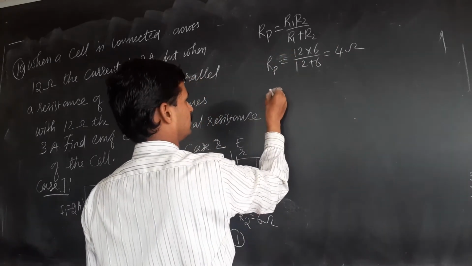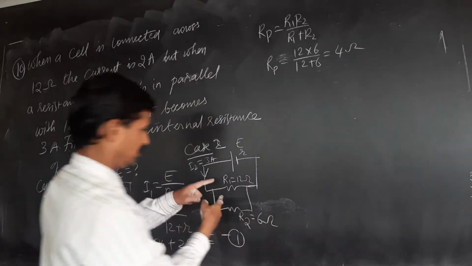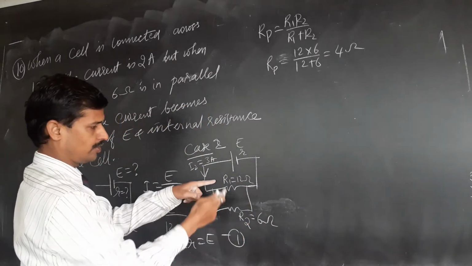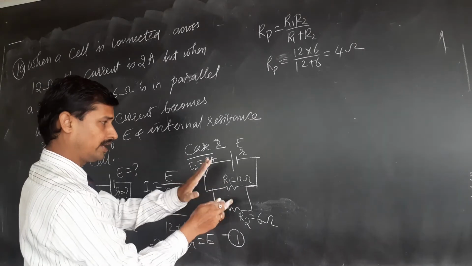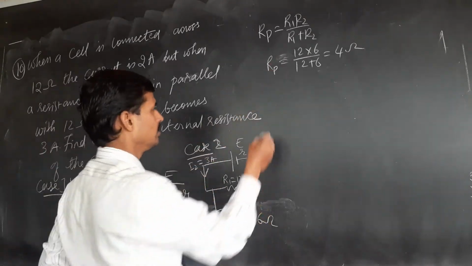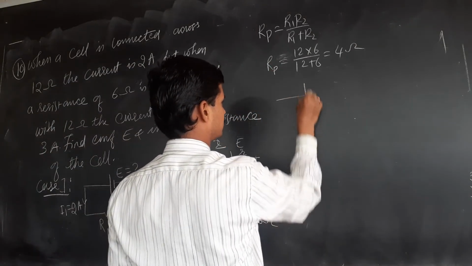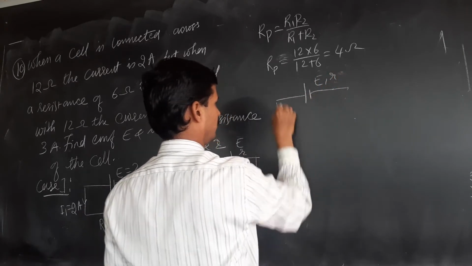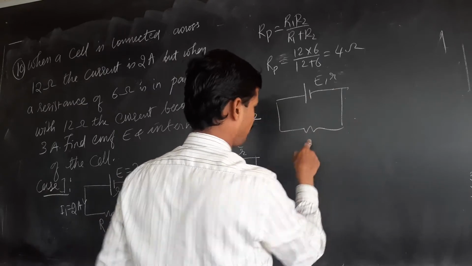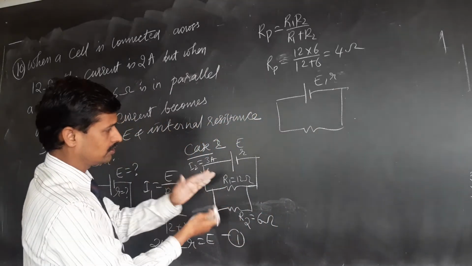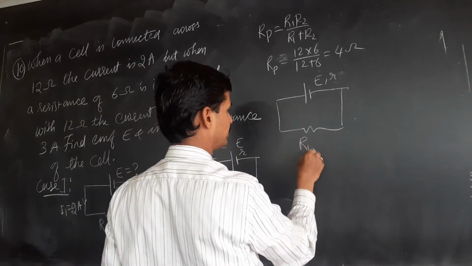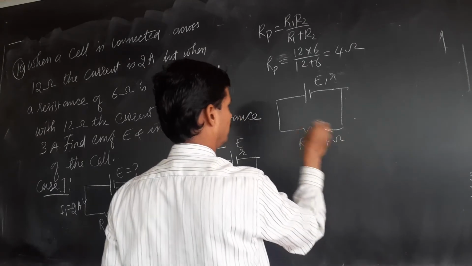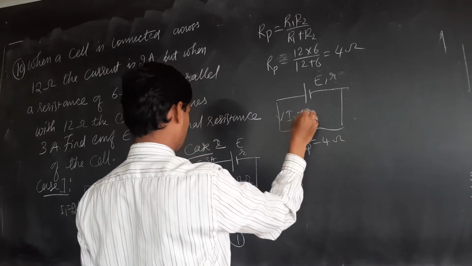Therefore, in this entire circuit, R1 R2 have gone, they should be replaced by RP. So the circuit we can draw like this: EMF, small r question mark. The external resistance is RP equal to 4 ohm.